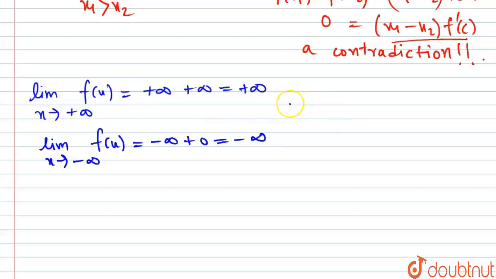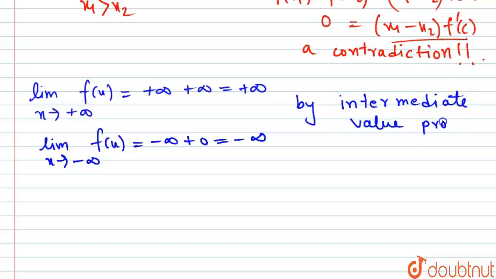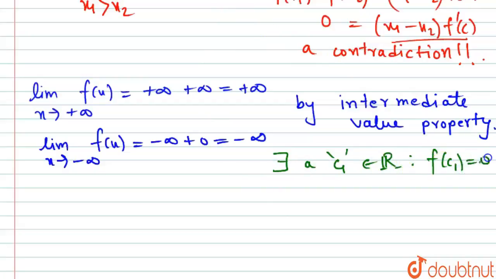So now as f(x) is also continuous, by the intermediate value property, what we can say is that there exists a c1 belonging to R such that f(c1) is 0, because f(x) can take arbitrarily large positive values as well as arbitrarily large negative values.